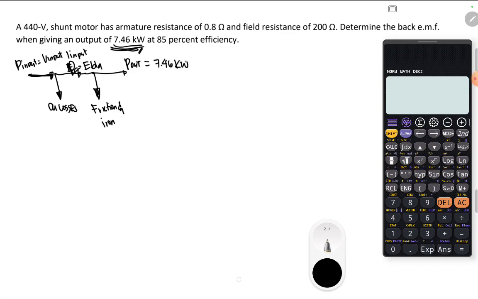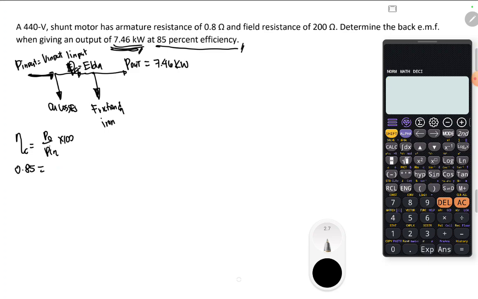7.46 kilowatt. Okay, so using this 85% efficiency, since there is no given electrical and mechanical efficiency, therefore this is understood to be your overall efficiency. So using the formula of our overall efficiency, we have PO over P in, times 100. Since we have 85%, 0.85 is equal to PO over P in.